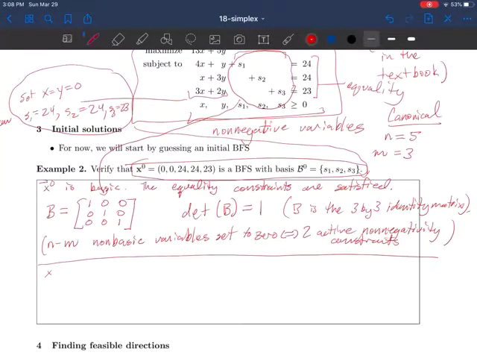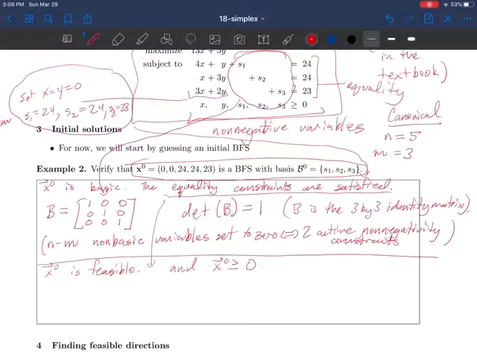Anyway, so now we know we're basic. We can also note that I'm going to put that vector bar over x0 so we understand it's a vector. x0 is also feasible. We knew the equality constraints are satisfied.